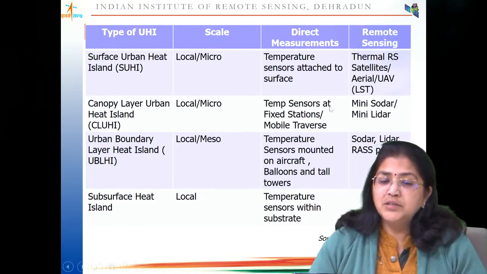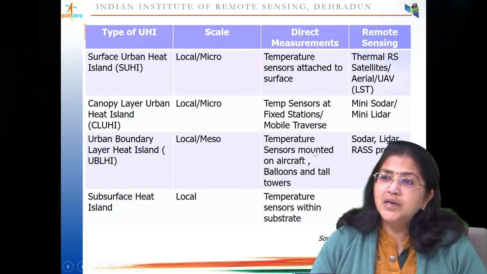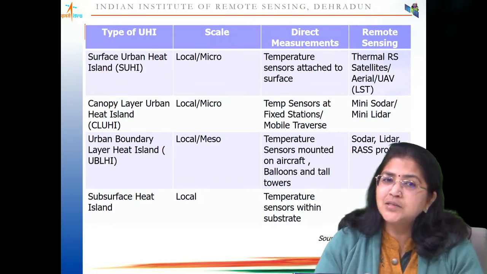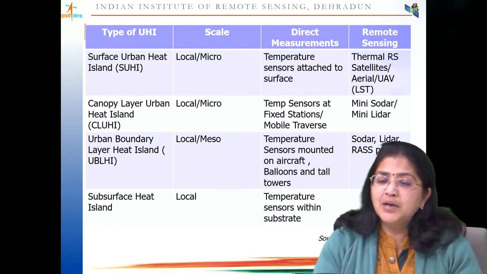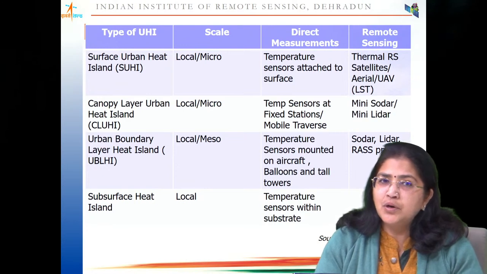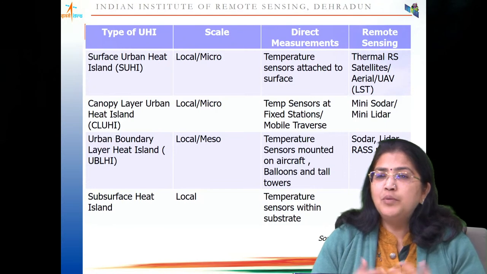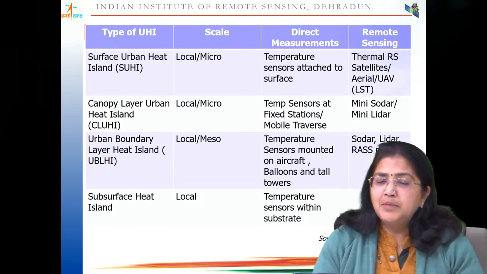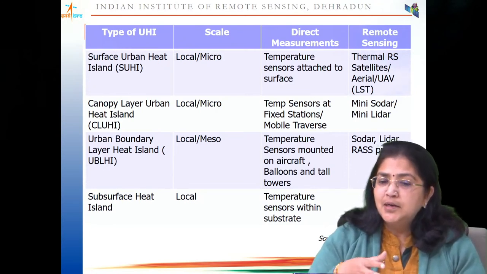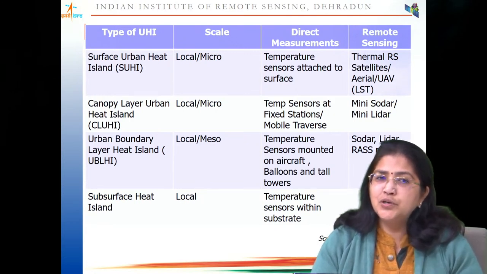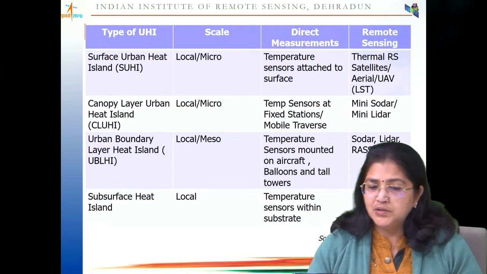This can be studied using temperature sensors at fixed stations. Most of the initial urban climate research on urban heat island has been done using temperature sensors installed at different locations. You might be aware that the urban heat island is mainly studied by taking the temperature difference between the urban station and the rural station.